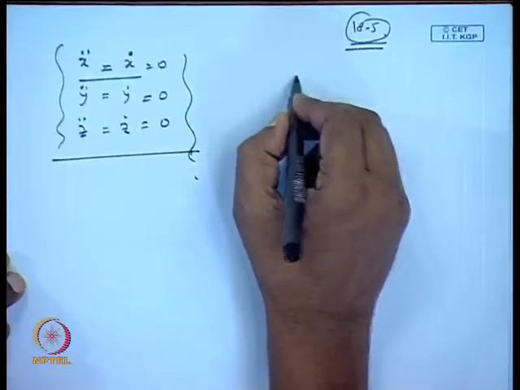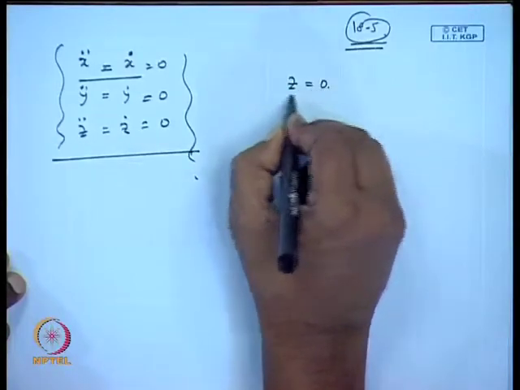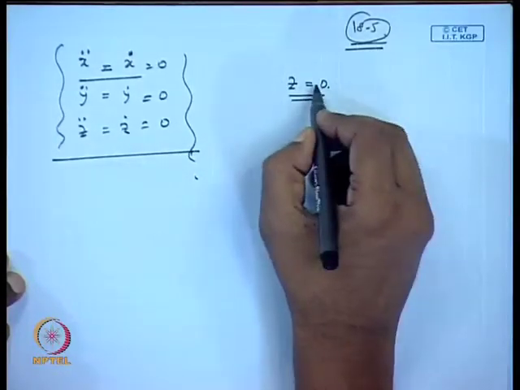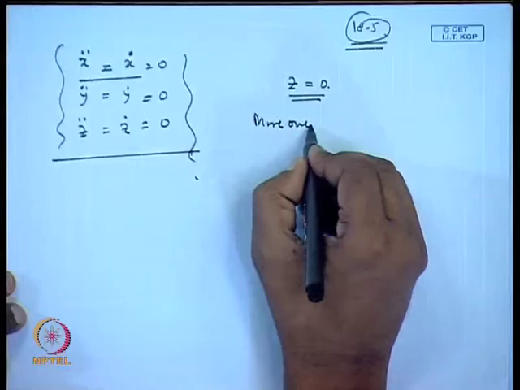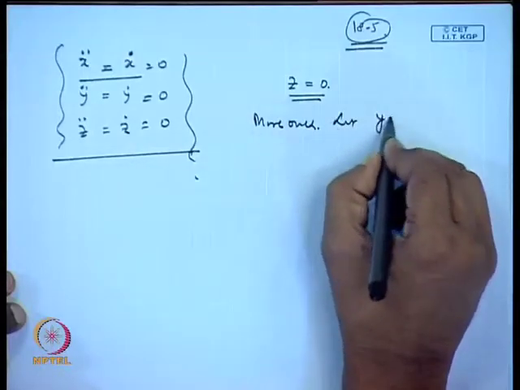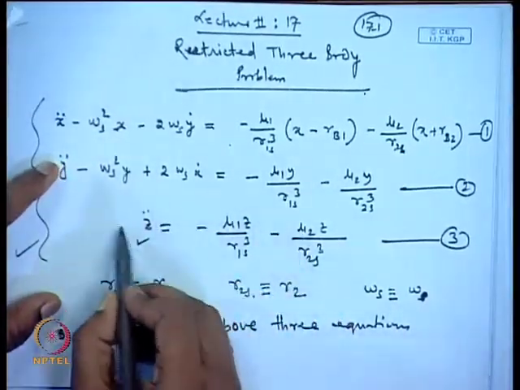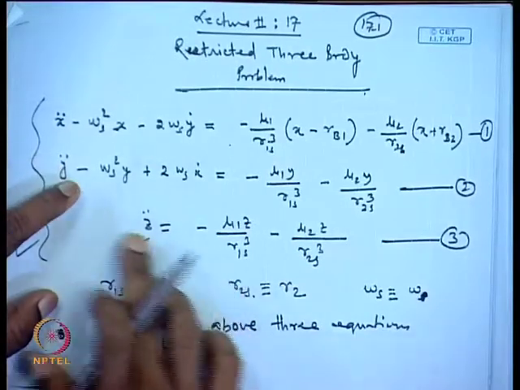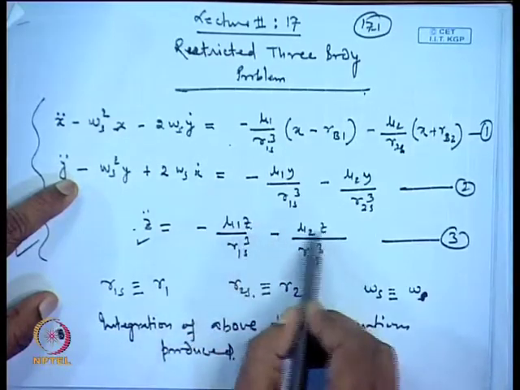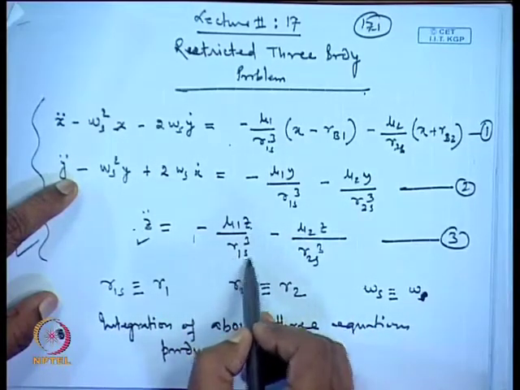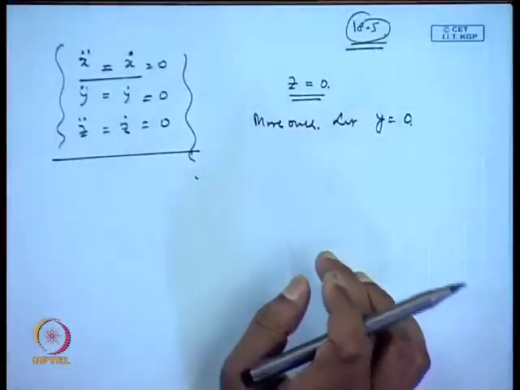With this assumption, we further worked and assumed, let us say, z equal to 0, and moreover let y equal to 0. In this equation we put z double dot equal to 0. If we set it equal to this, the quantity present here lets us separate out z, and the quantities mu 1 by r 1 cubed and mu 2 by r 2 cubed are non-zero, and therefore we put z equal to 0.